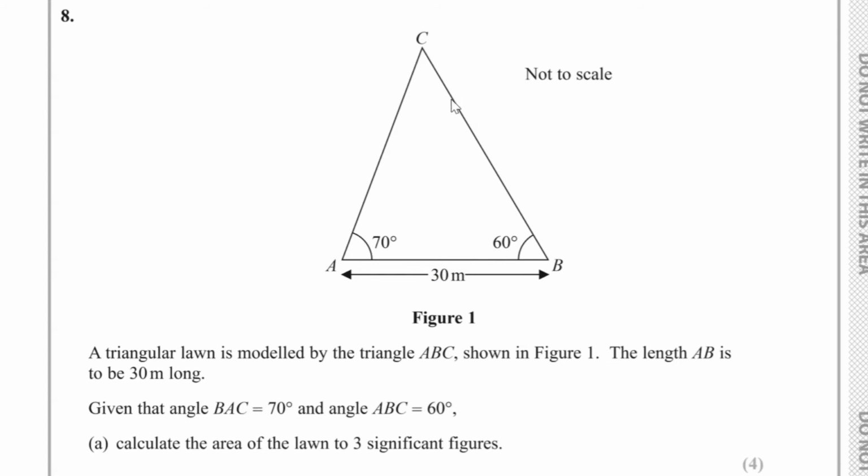Let's somehow calculate this side here. How could we do that? Well, I'd have to use the sine rule, but for me to use the sine rule, I need the angle here.